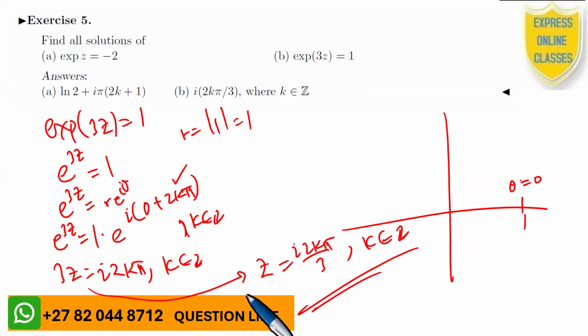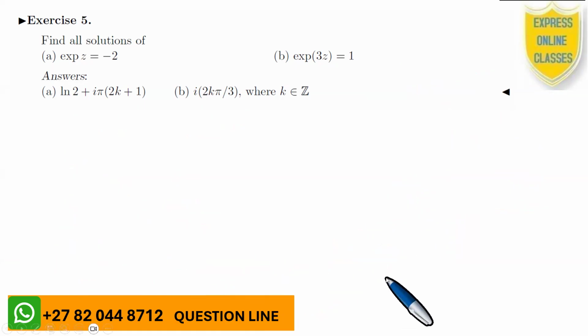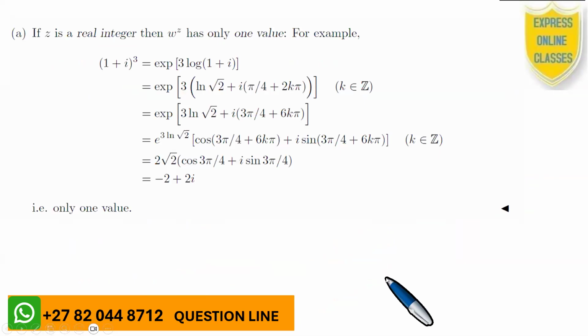Okay. Then let us do more of this. But now this one is the argand diagram. Imaginary z, real z. Okay. So it's the same thing here. So you write it like to the power 3.